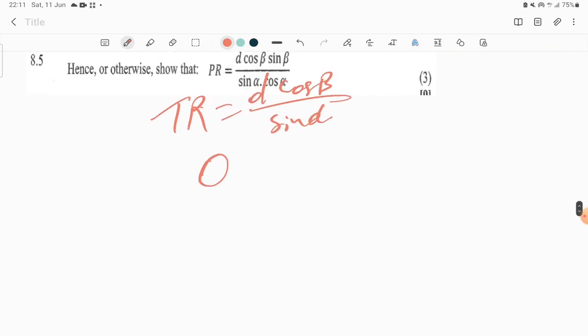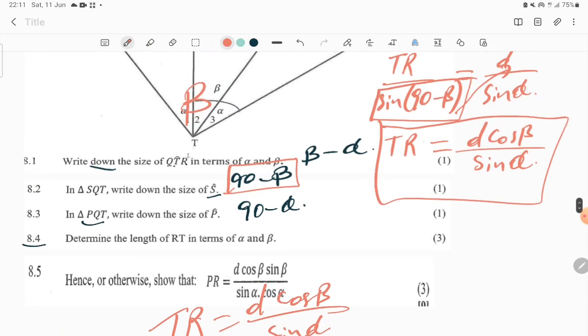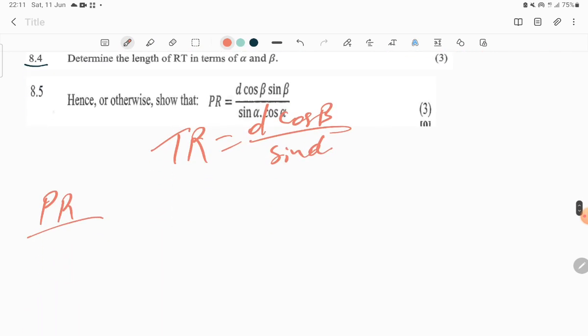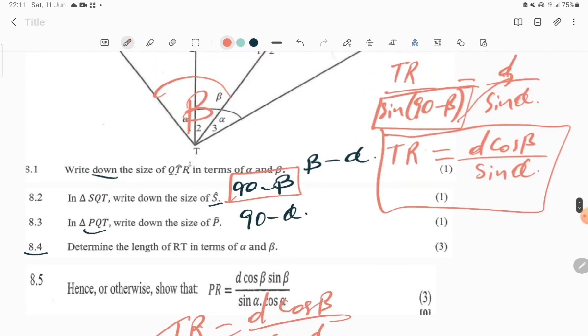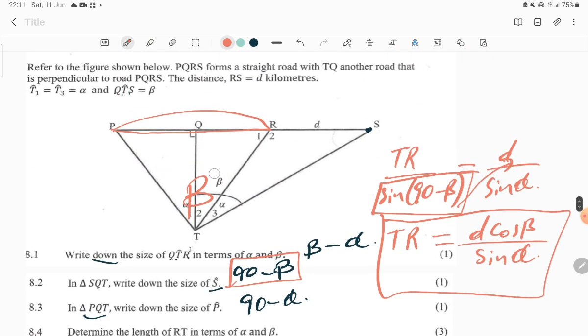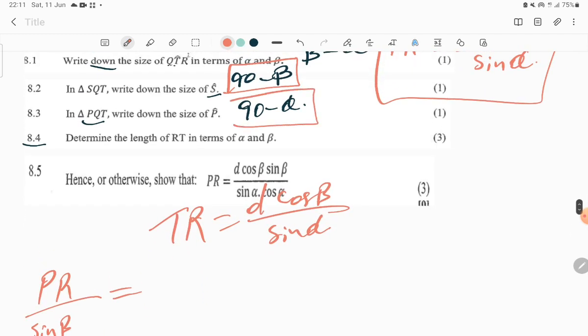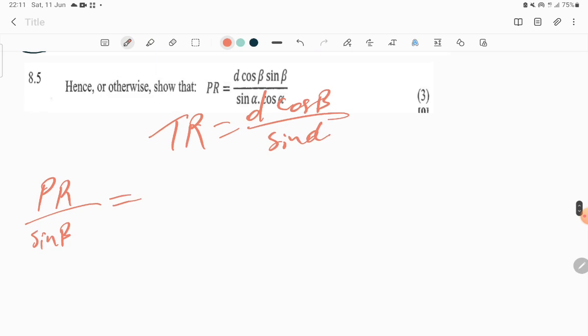We have PR divided by this angle that is facing PR, which is beta, so sine beta, is equal to what else that we have? We also have this angle, which is angle P. Angle P is 90 minus alpha.